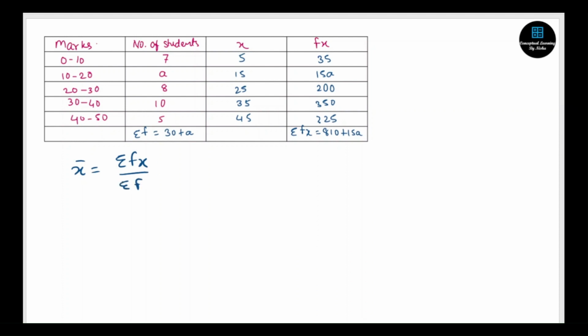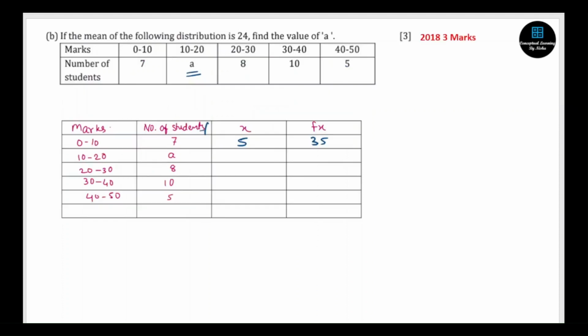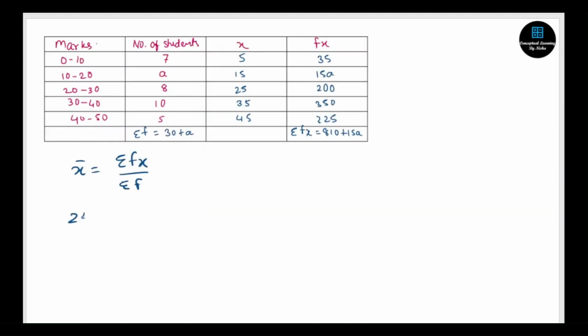Now the mean is given as 24, so I'll write 24 equals, substituting all the values, 810 plus 15a upon 30 plus a.